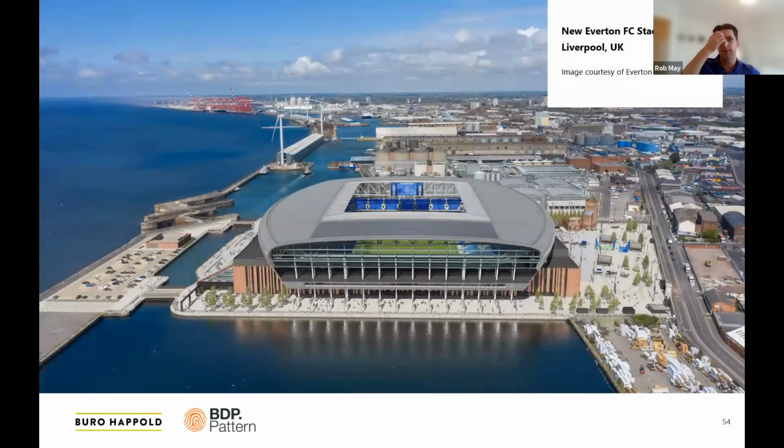Yeah, so Everton Stadium, working with BDP and together with Mo, an awesome new stadium, and we've employed a vast number of the tools that you've seen above on the stadium from the early stages.